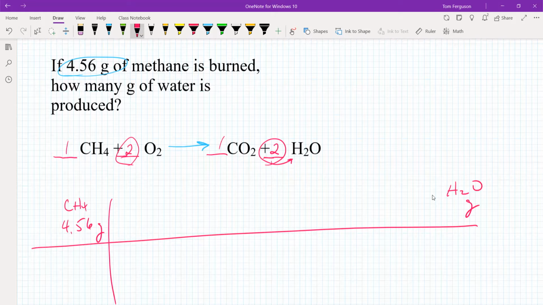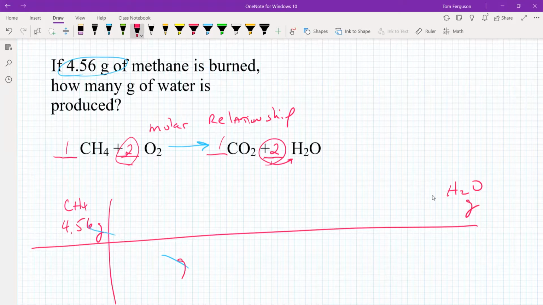Okay, from the balanced equation, this is a molar relationship. Grams won't work. Mass ratios do not work. We have to convert to moles first, okay? That means step number one is convert the 4.56 grams to moles, okay?